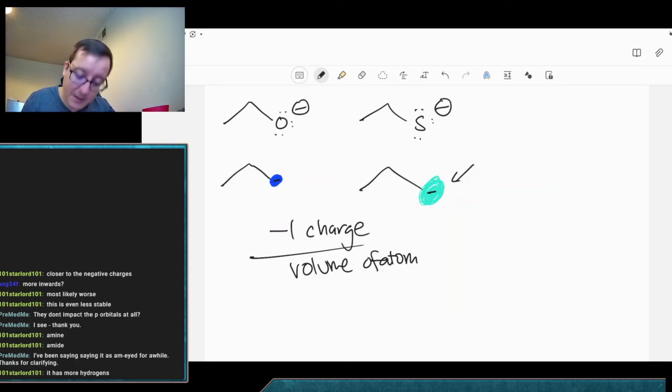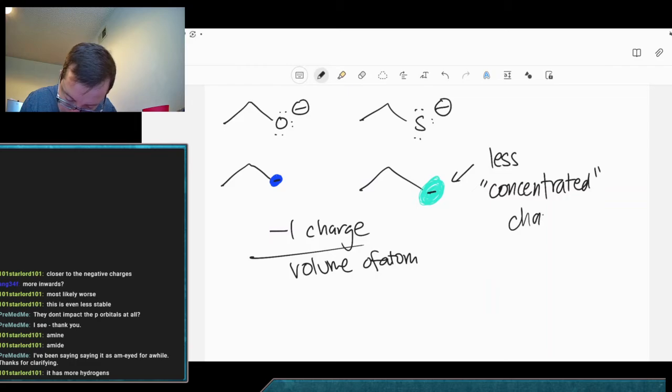We're going to see, because the sulfur is so much bigger, that with the sulfur, we're going to have a less concentrated charge.